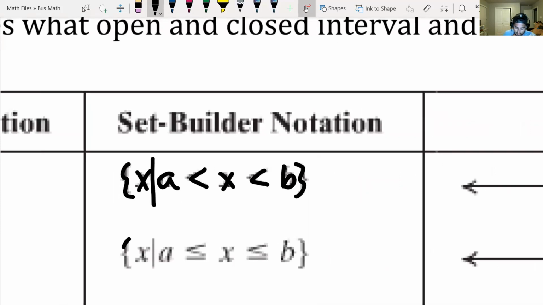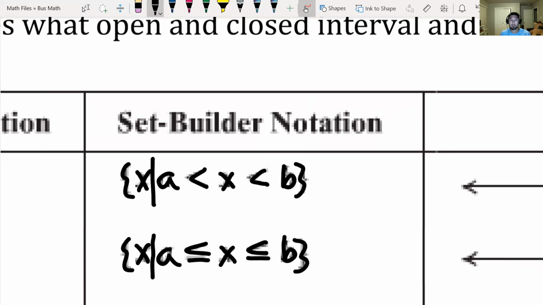So, fancy brace, and again we say for all X, so for all X values, such that A is less than or equal to X, and X is less than or equal to B. Now, do you see the difference between both sets?